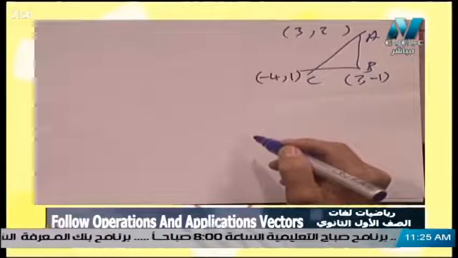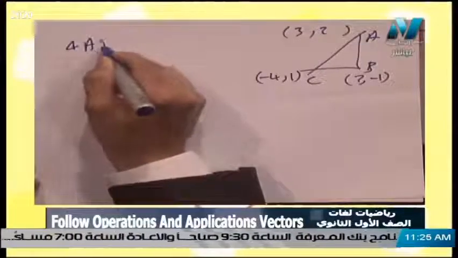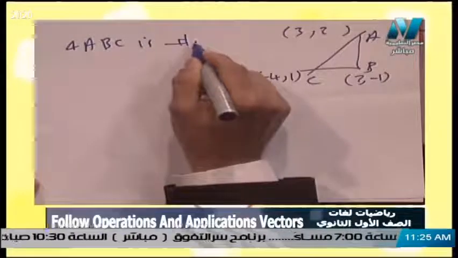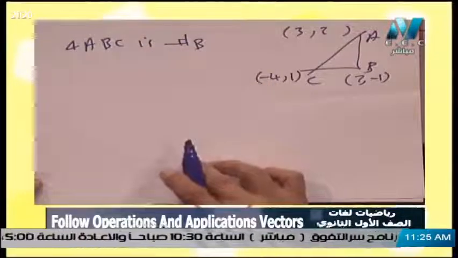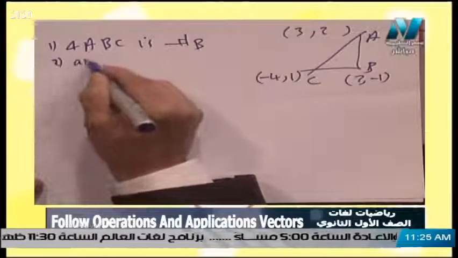The request is to prove that the triangle ABC is a right angle triangle at B. And the second request is to find its area.